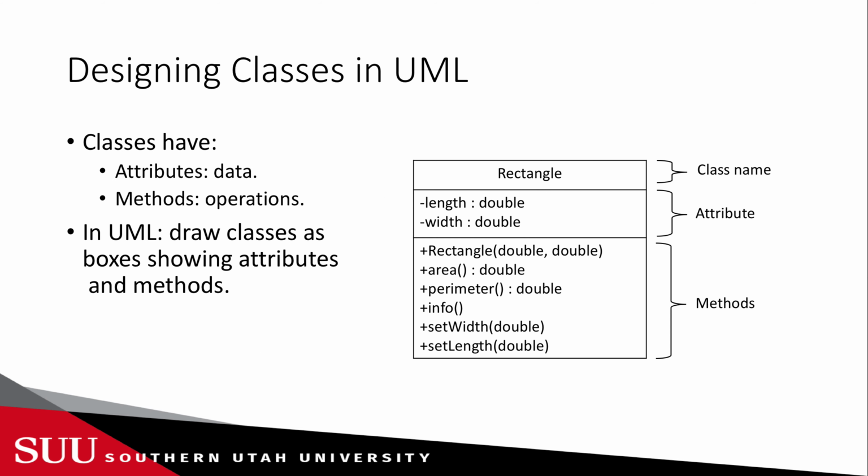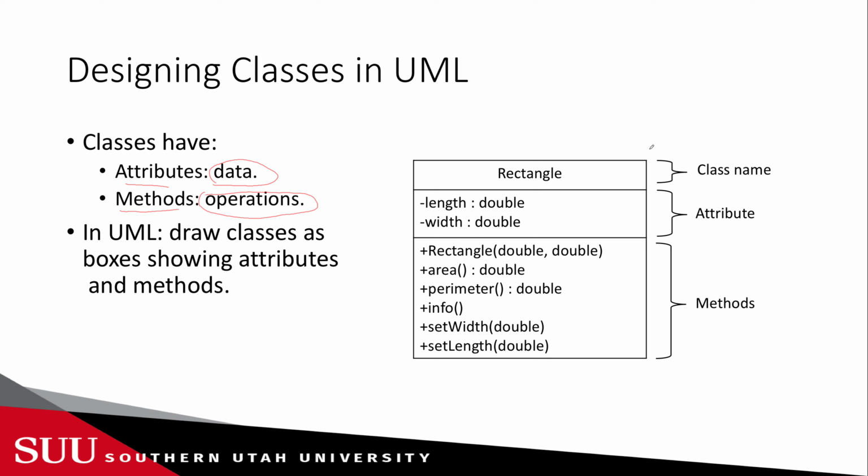Now let's first start talking about UML. So classes in Java can have attributes, which is the data that we want to store for our objects, and methods, which are the operations that we want to apply to our objects that we create. So in UML, we'll draw classes as boxes showing the attributes and methods.